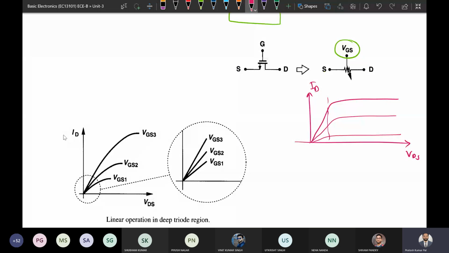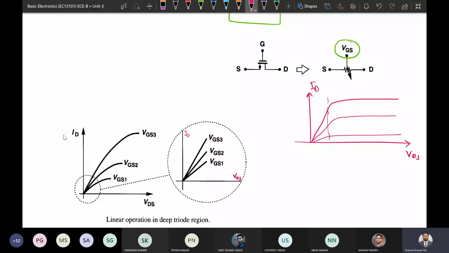So if we zoom out, we can see this is for different gate to source voltage. Gate to source voltage 3 is higher, this is lower. So this is the relation between ID and VDS. So here for different gate to source voltage, it is having different slopes. So different slopes are nothing but the different resistance value or different transconductance in terms of. So this is the saturation region and this is your linear region. So this will be occurring in the linear region itself.